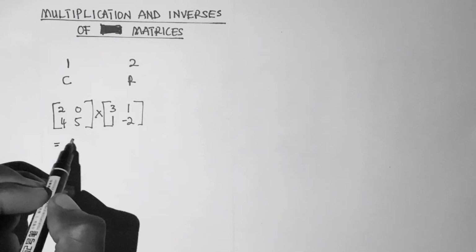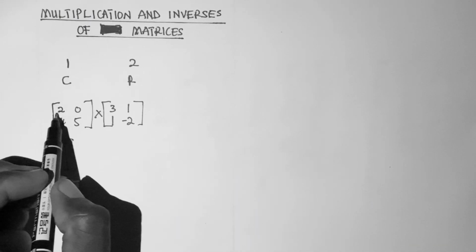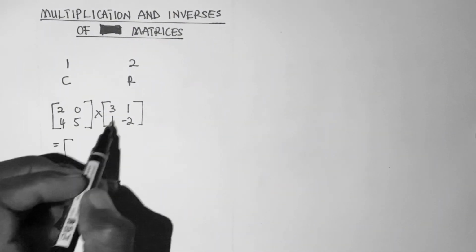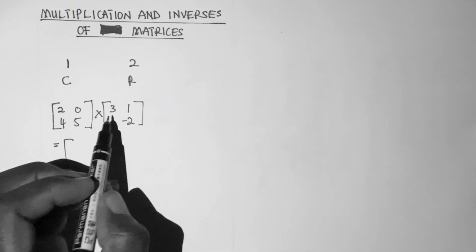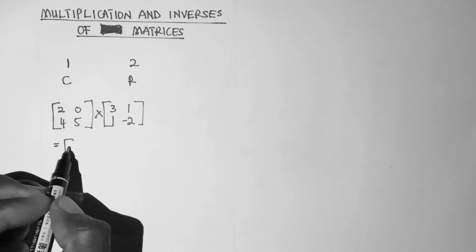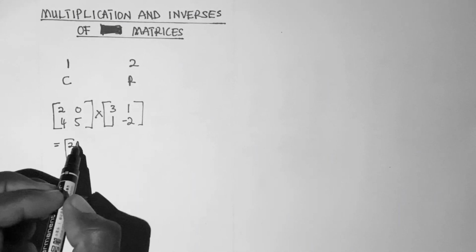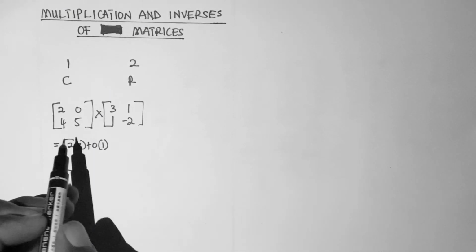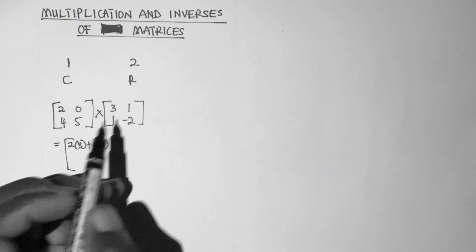So this is equal to, what we'll do is that you take this row, then you multiply the individual components of the row by the individual components of this column. So in this case, it's going to be 2 times 3, then plus 0 times 1. Then you use that to multiply this.